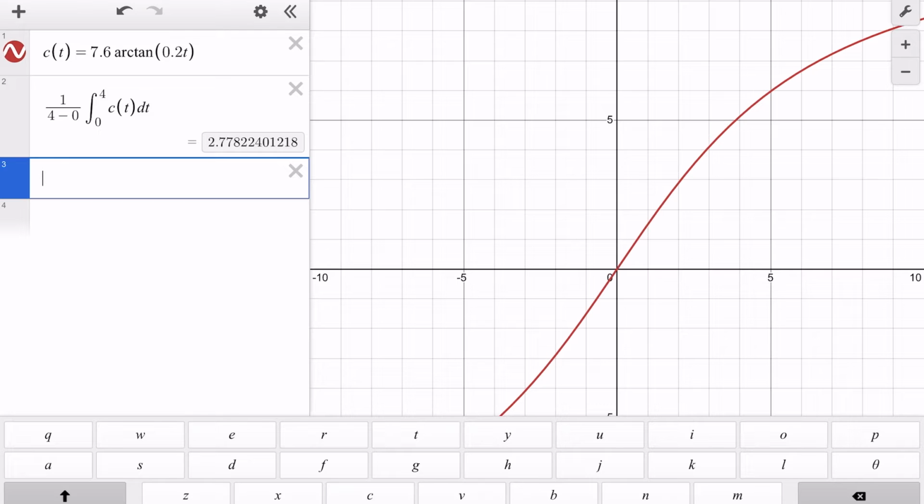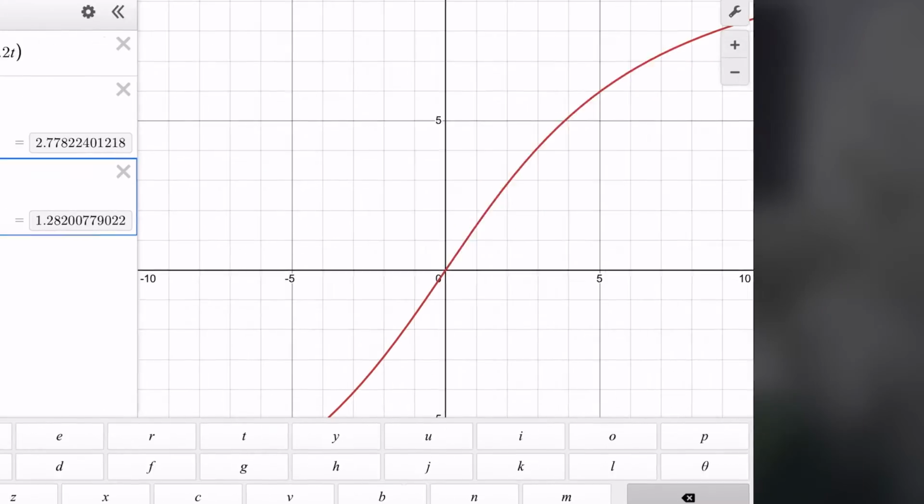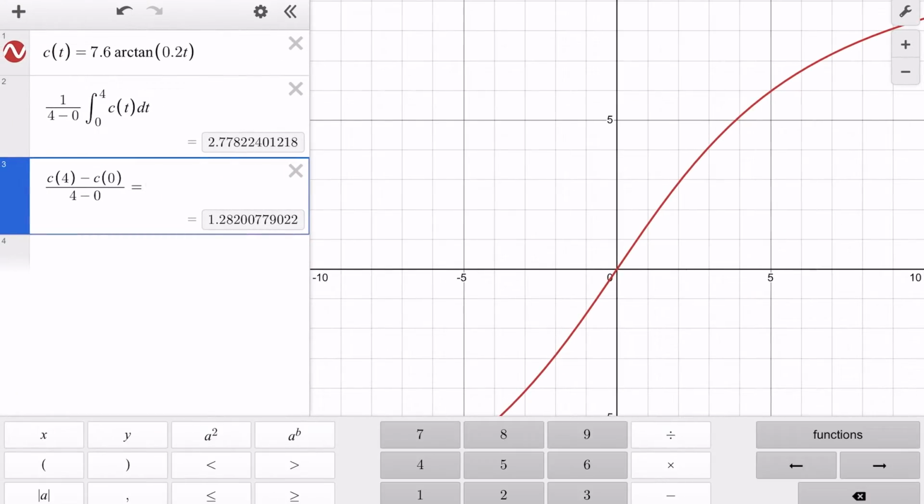So let's find the average rate of change of c, c of 4 minus c of 0, and that equals 38 over 25 plus t squared.